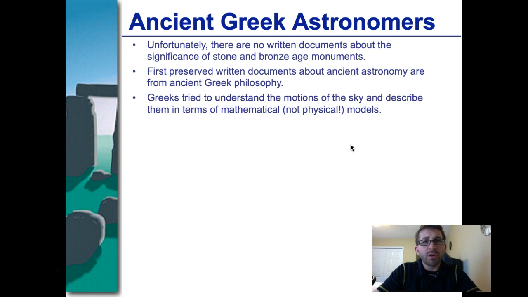And what a lot of people don't know is that the Arabic cultures were preserving the Greek understanding of things after the Europeans went into the Dark Ages. If it were not for the ancient Arabs, we would probably have lost a lot of this Greek knowledge as well. So we owe a lot to ancient Arabic cultures and their preservation of both mathematics and scientific knowledge.